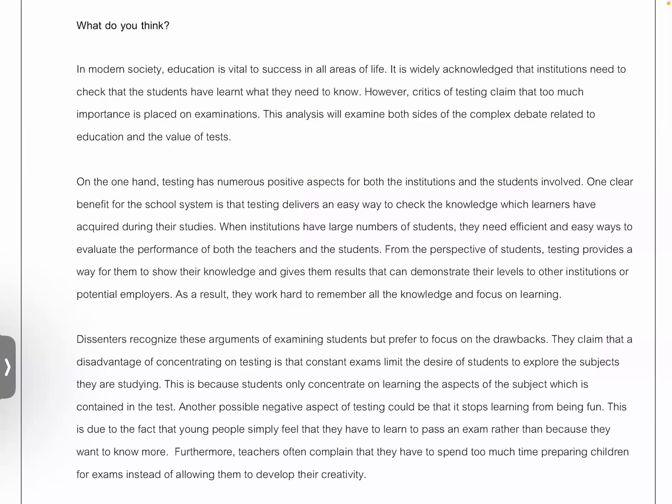Rather, teachers pretty much play the role of a tutor, because they have to prepare students for exams. So everything is about exam, exam, exam. It's not really about being able to apply the knowledge into practice. Okay.